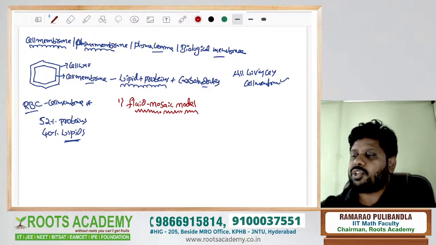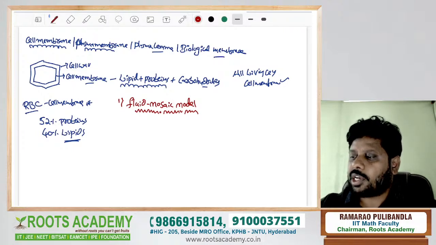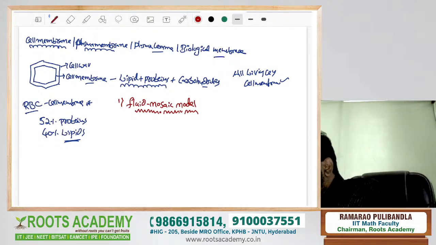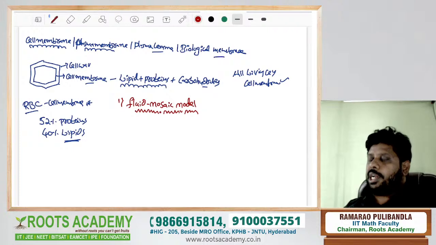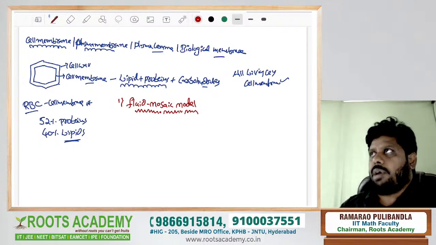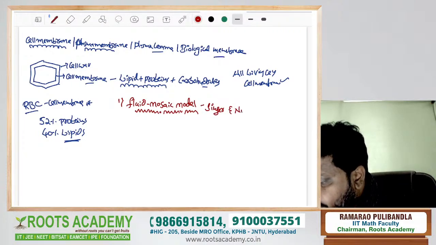To explain the structure of the cell membrane, many models are proposed. But the most accepted model is the fluid mosaic model. This fluid mosaic model was proposed by the scientists Singer and Nicholson.